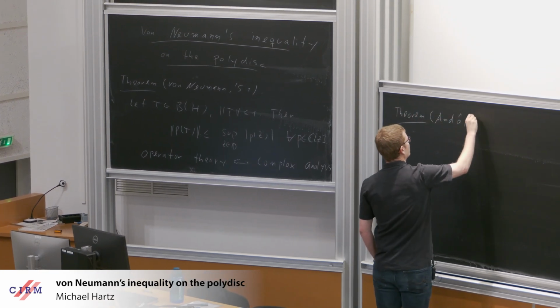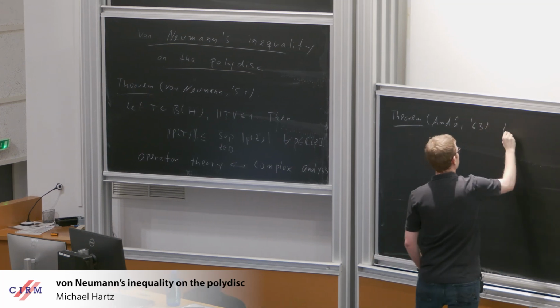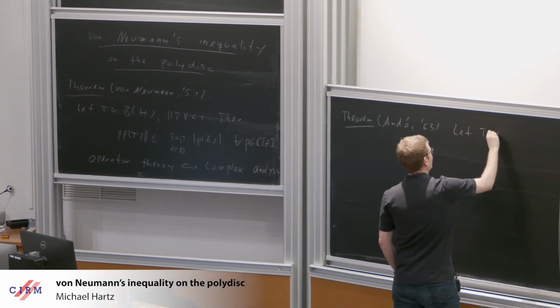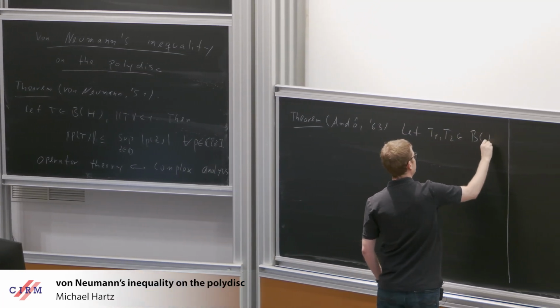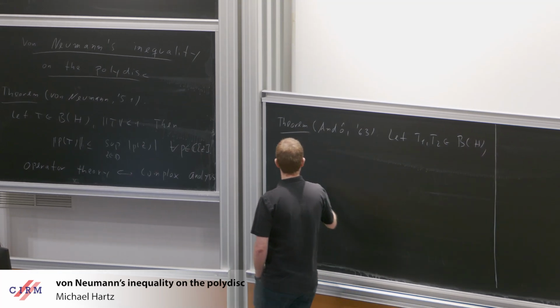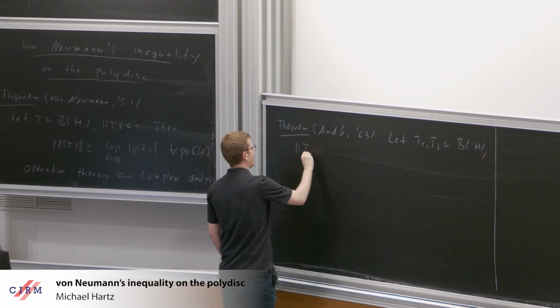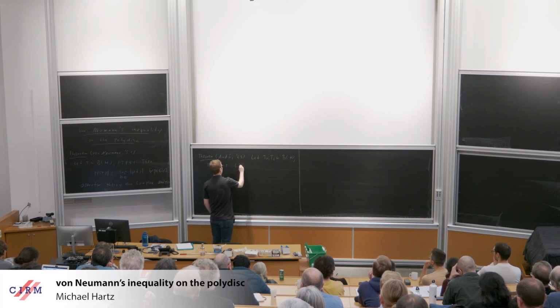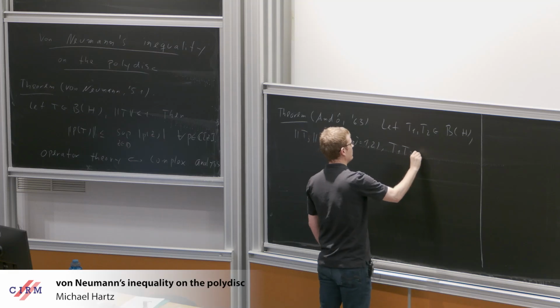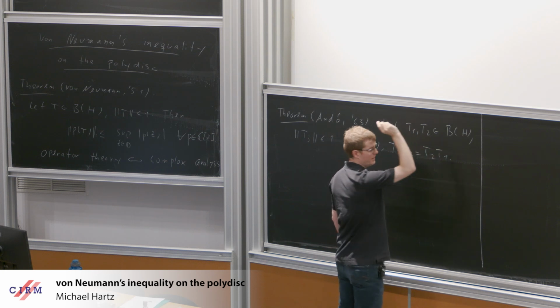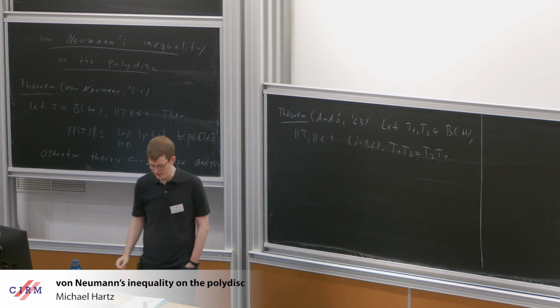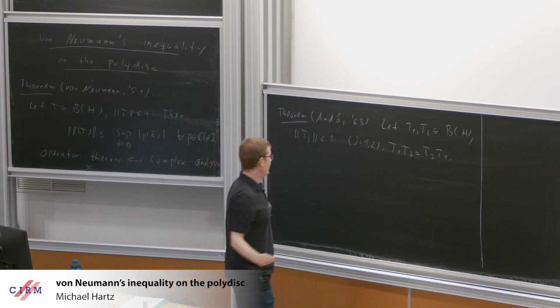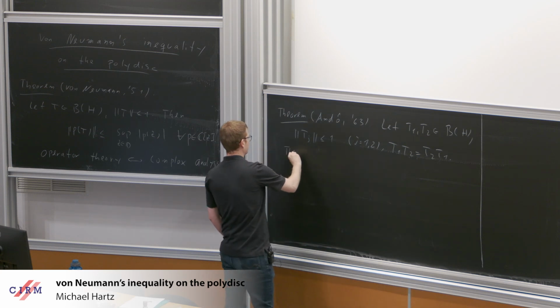This is due to Ando in '63. So now you have two operators T_j on the same Hilbert space H. You assume that each of them is a contraction, so the norm of T_j is less than or equal to 1, for j equals 1 and 2. And you assume that T1 T2 is the same as T2 T1. And then you are allowed to plug them into polynomials. And what you get is the same thing, basically.